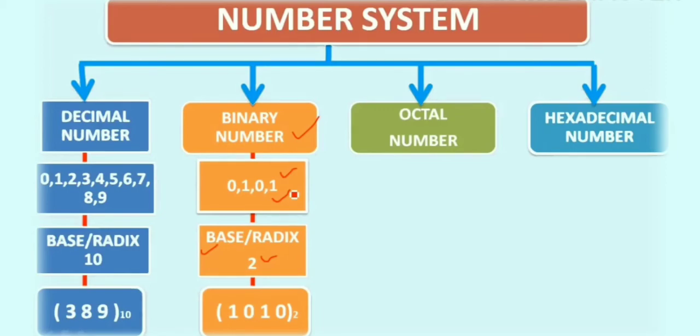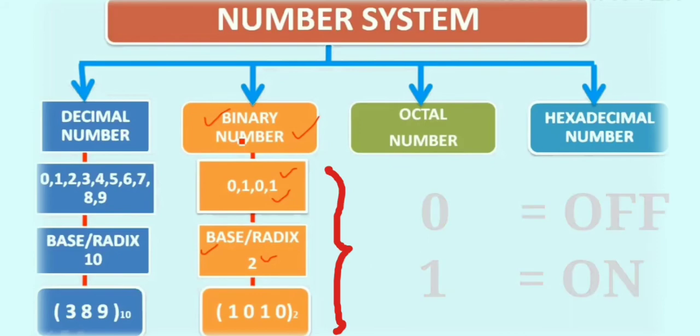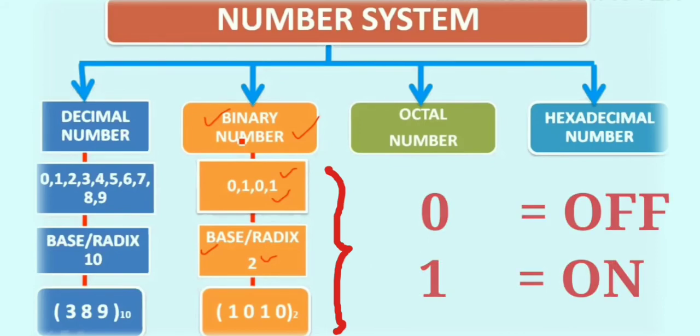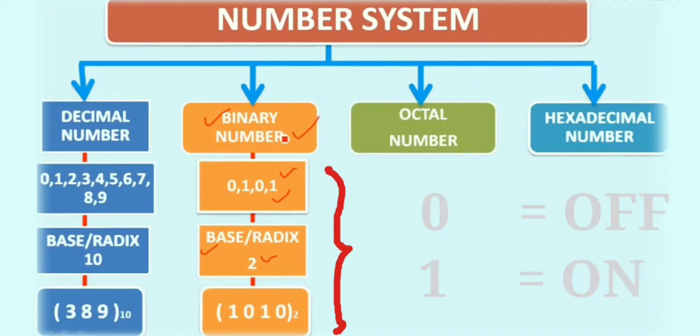How is it written or represented? It is written simply in 0 1 0 1 0 1 format. The computer understands only this binary number system. You may have heard a lot that the computer understands only the binary number system, the combination of 0s and 1s. 0 individually represents one bit of memory, and 1 is also one bit of memory. 0 is for off and 1 is for on, as electric pulses.